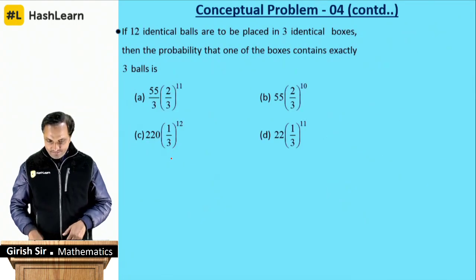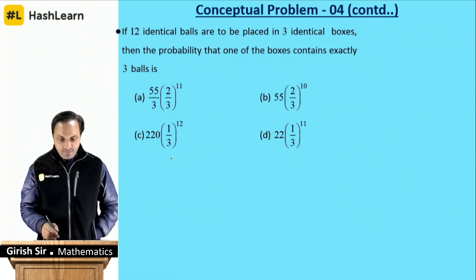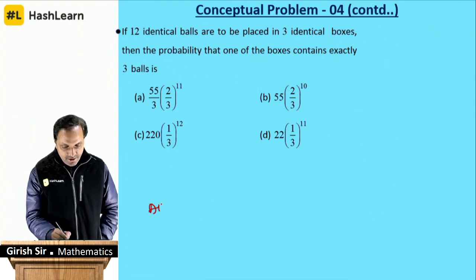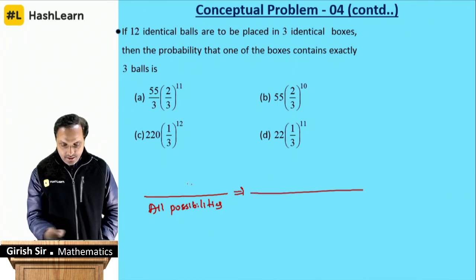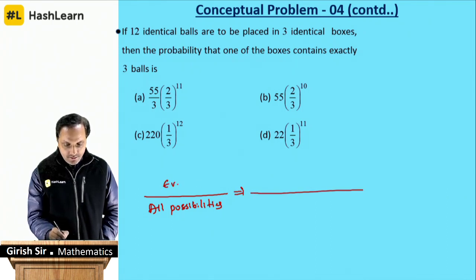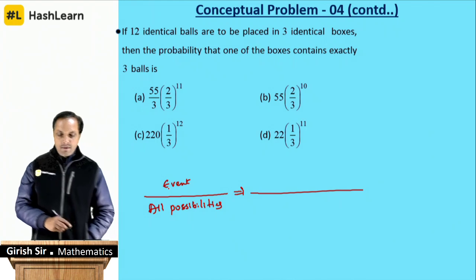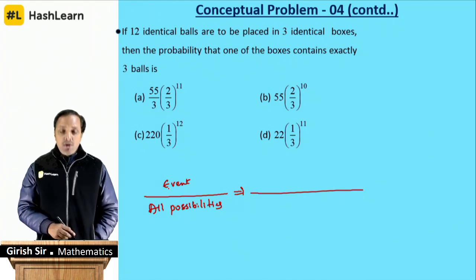Your time is up, and let's see. You need to write all possibilities in the denominator, and here you need to write the event. So what are all the possibilities?